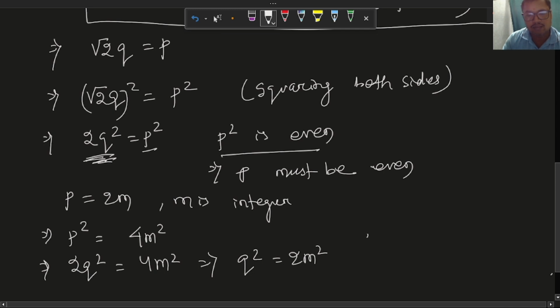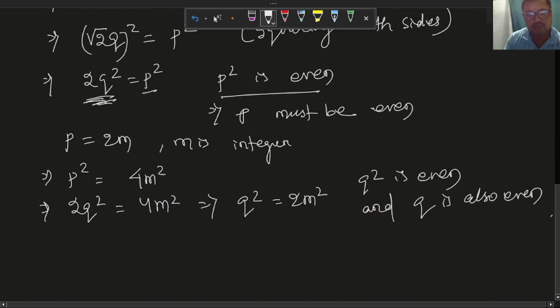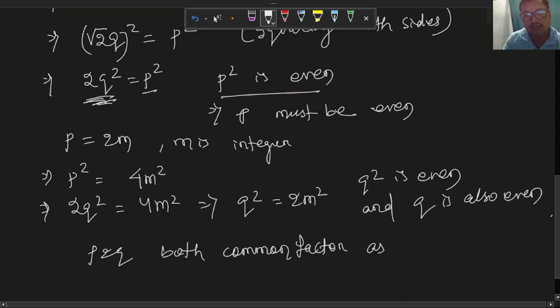So I can write that q square is even, and also q is even. That means p and q both have a common factor, 2.